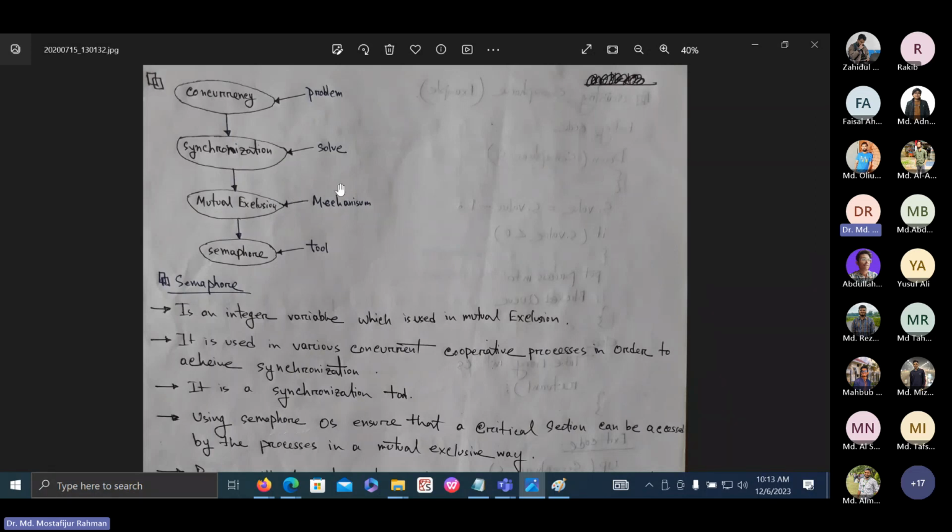There are different types of mechanism, so we can use any one. The famous mechanism is mutual exclusion. Clear? In mutual exclusion, we can use semaphore. I will come to the semaphore details, inshallah.